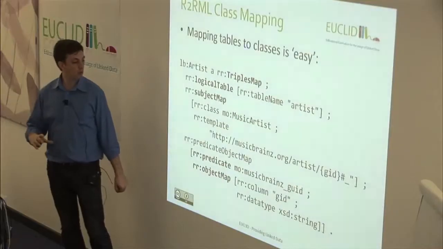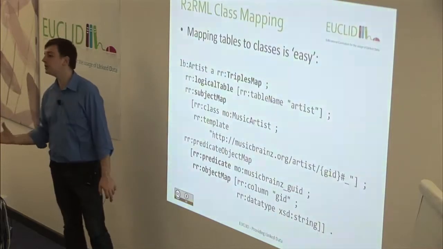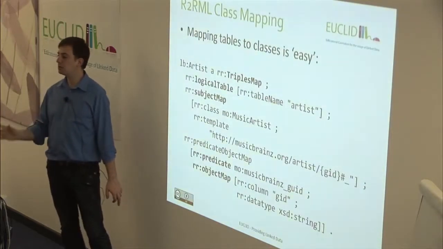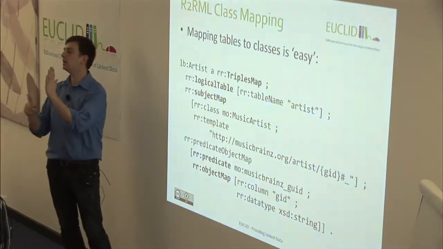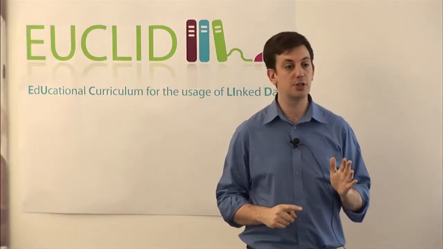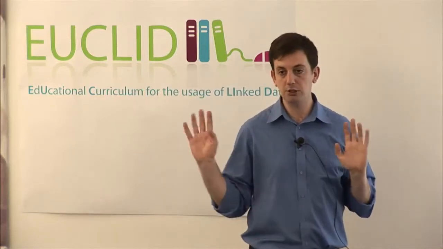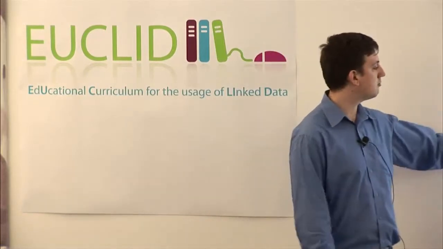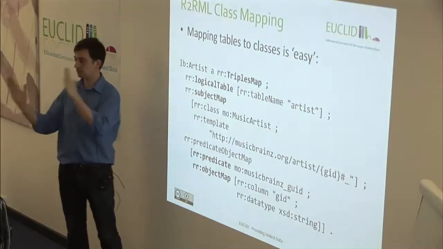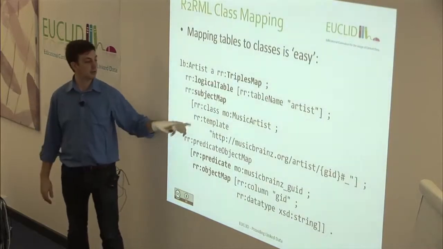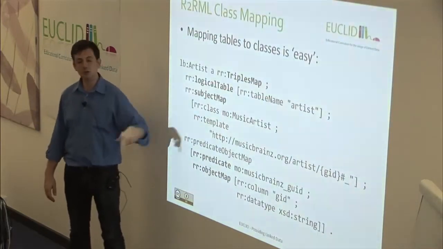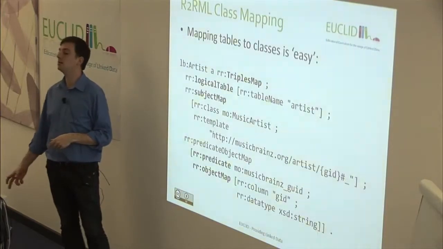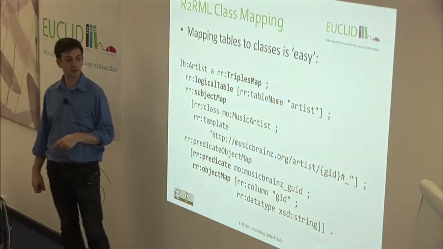Okay? We don't stop there. Well, first we need to say, how do you turn the column in that row that somehow identifies it, usually the primary key, into a URI? Okay? So the rest of the subject map, the start of the triple, is a template that shows us how to make a URI for artists in MusicBrainz. Okay?